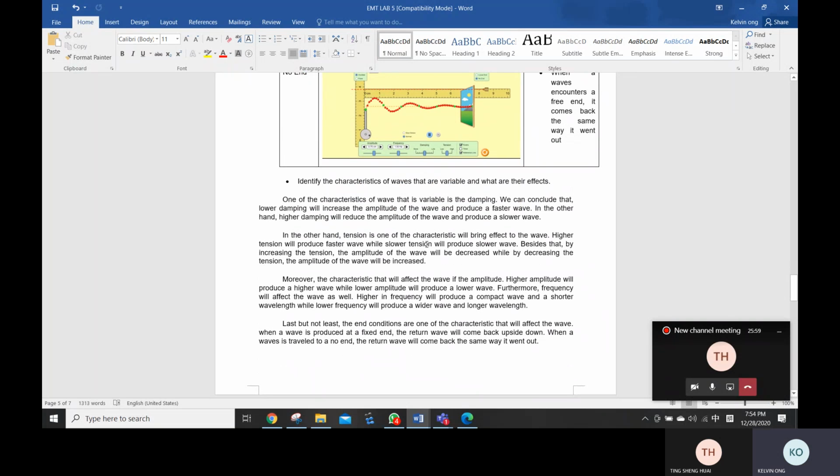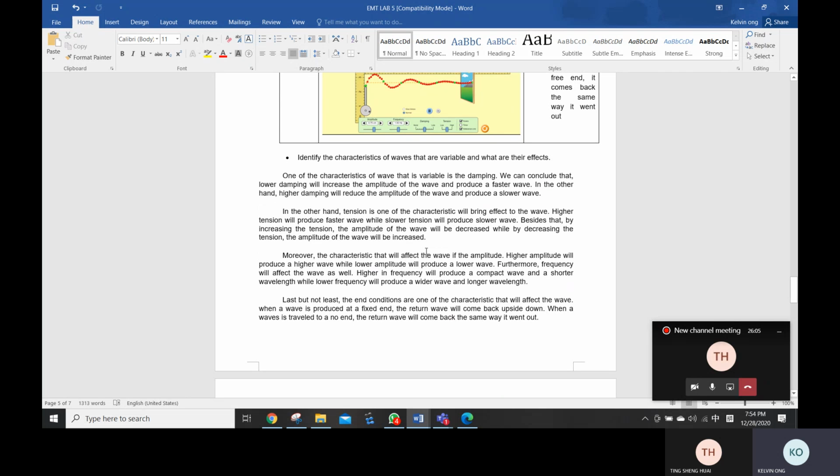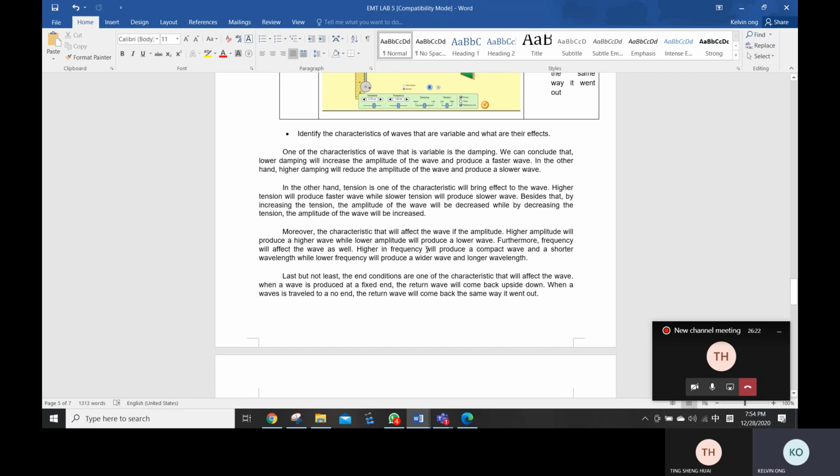For the next part, we identify the characteristics of waves that are variable and what their effects are. One characteristic is the damping. As you can see just now, when damping increases, the amplitude of the wave is reduced and it produces a slower wave. Next, tension also affects the wave. Higher tension will produce a faster wave, while lower tension will produce a slower wave.